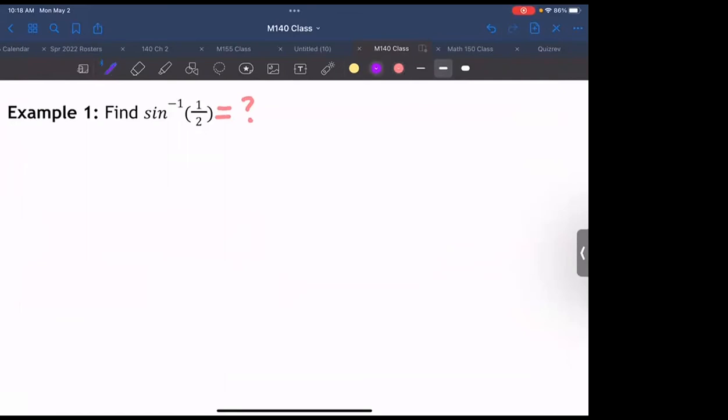I like to do something very similar to when we did exponents. I just like to rewrite this in a different way. Since this is going backwards, inverse functions kind of undo the regular function. Isn't this the same thing as saying sine of what equals 1/2?